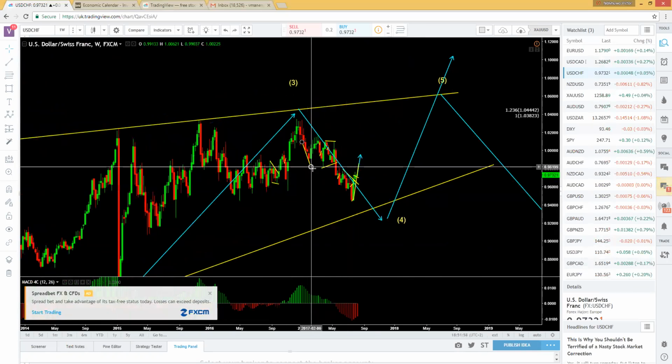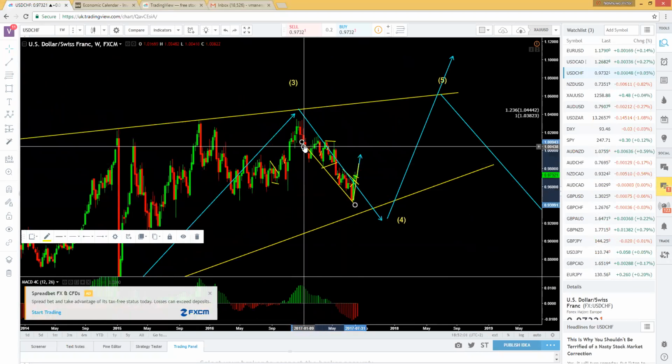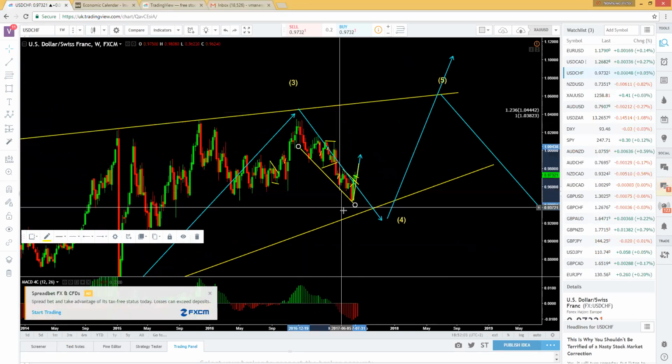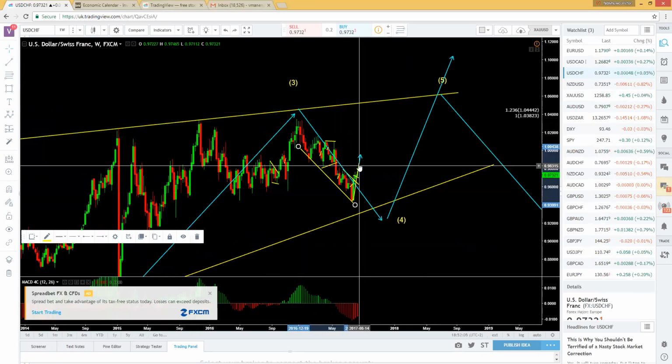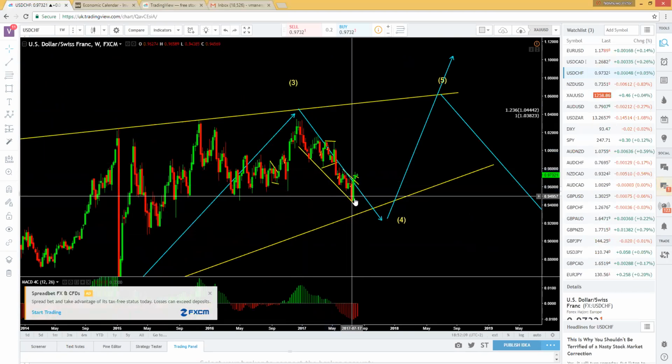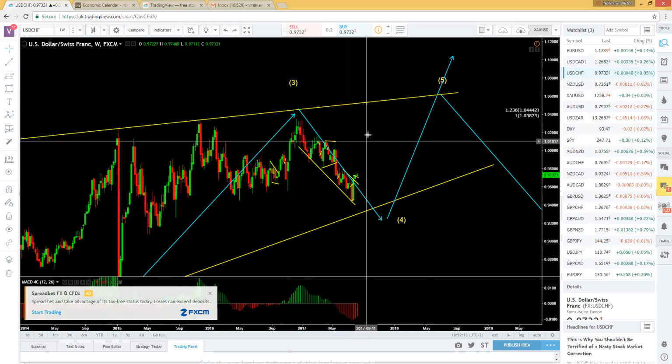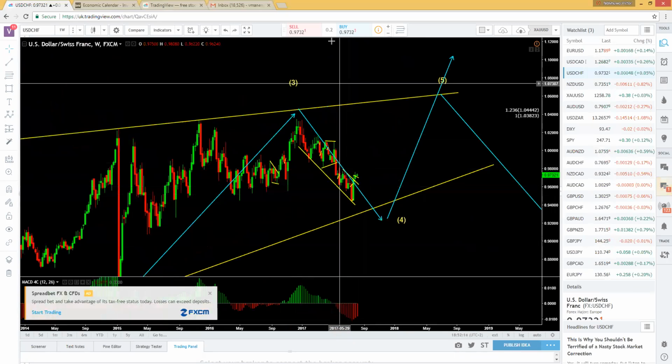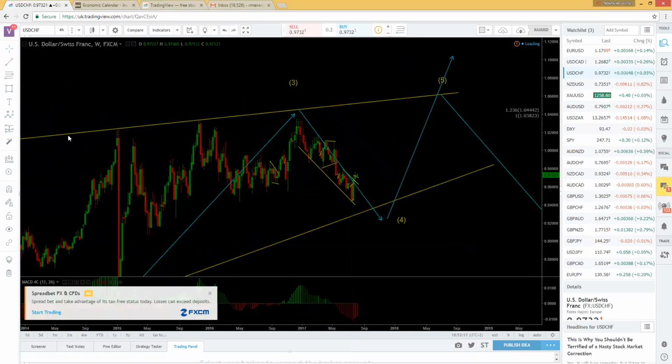We're actually anticipating that this wave will give us an A and then a B. This is the daily. I've actually posted this trade that we're going to be buying US dollar CHF around this area to complete that wave B. If you go down lower to the 4-hour chart, I'm going to go to the 4-hour chart now.